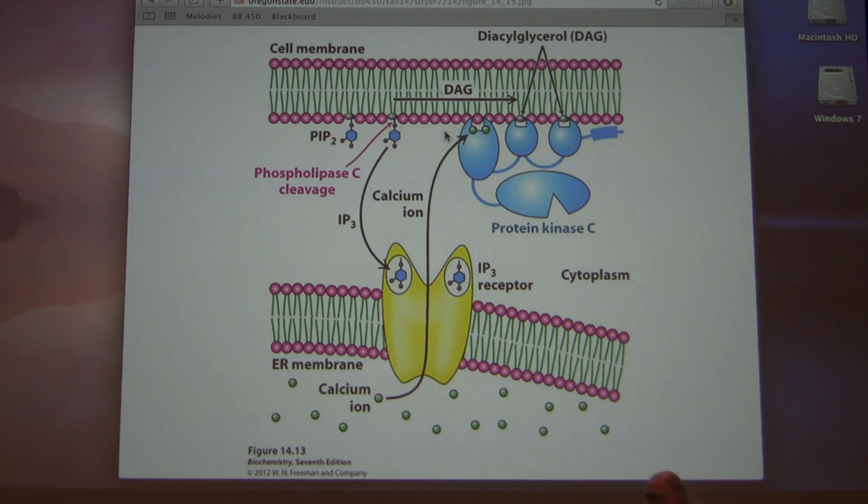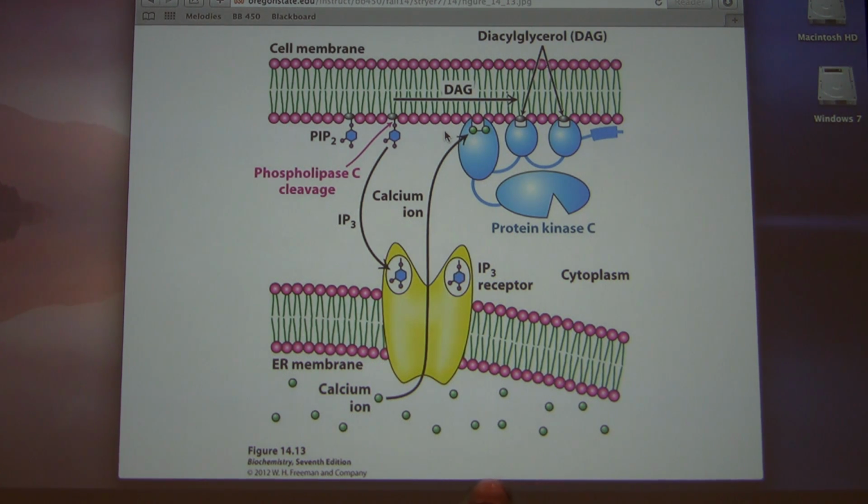What's happening here is this signaling mechanism is causing the calcium concentration inside the cytoplasm to increase. I've told you previously that calcium was a critical ion inside of cells. Cells manage the levels of calcium because too much calcium causes DNA to precipitate.